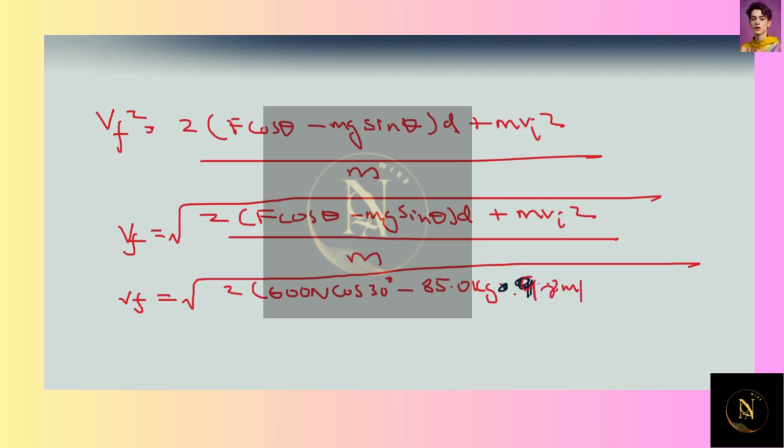9.8 meters per second squared, and then times sine of 30 degrees, multiplied by a distance of 2.8 meters.